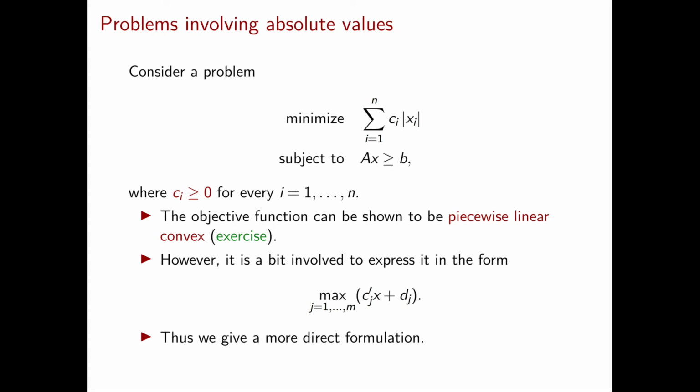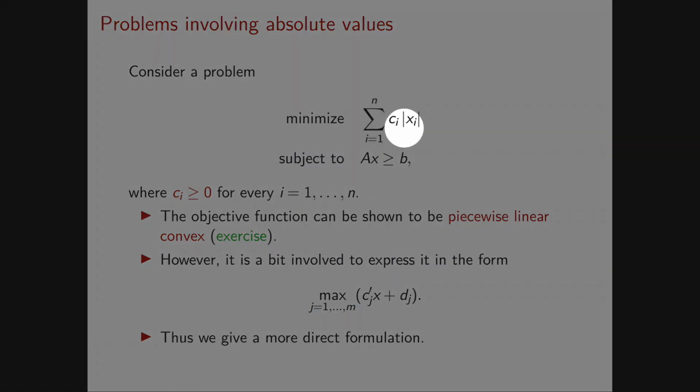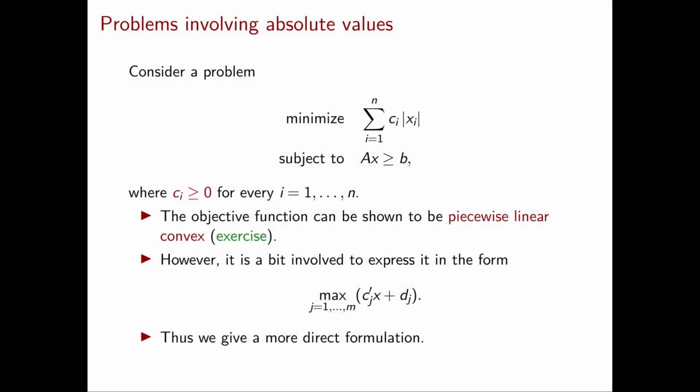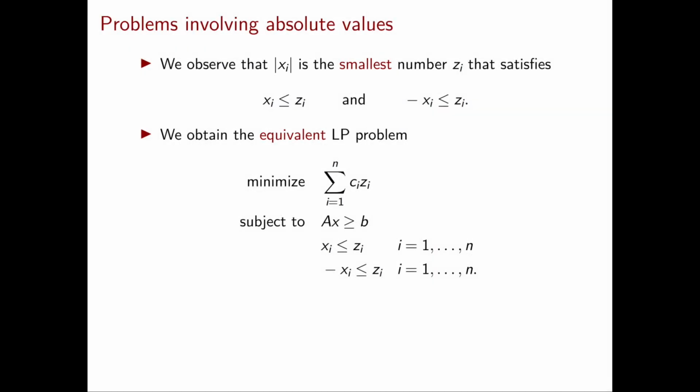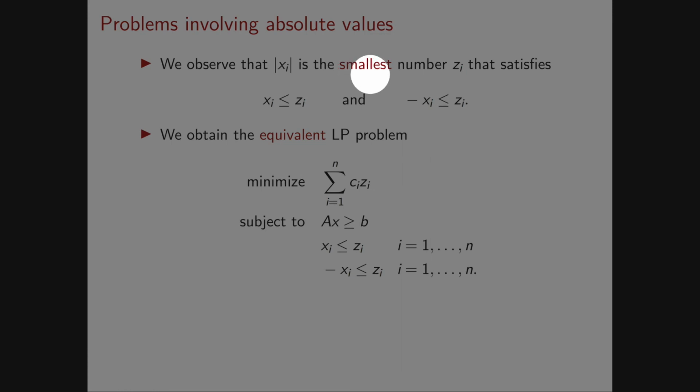Essentially, the trick is to apply our previous idea not to the whole objective function, but singularly to all the absolute values. So let's pick one absolute value of x_i, and as before, we observe that this is the smallest number z_i that is at the same time greater than or equal to x_i and minus x_i.